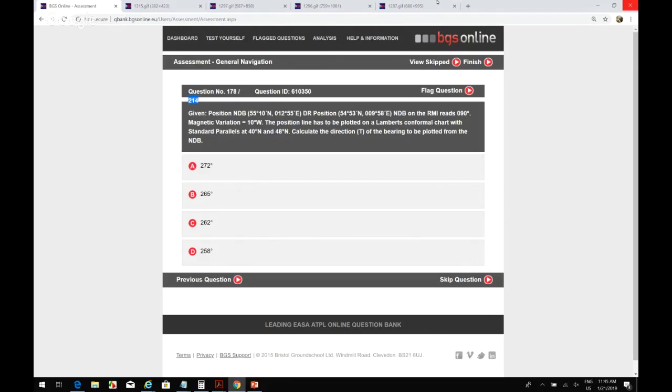So the NDB is to the east of the DR position, wherever the DR is. Dead reckoning. NDB on the RMI reads 090 magnetic variation. So the NDB on the RMI reads 090.